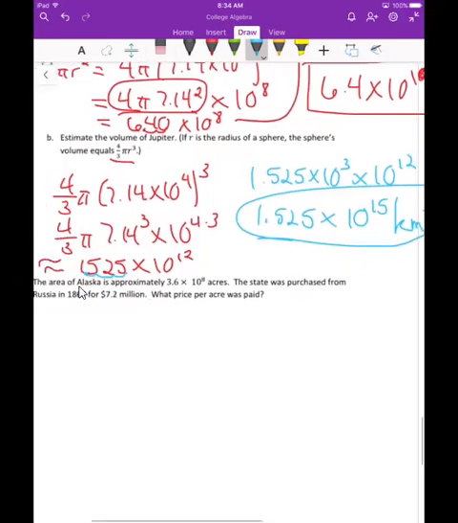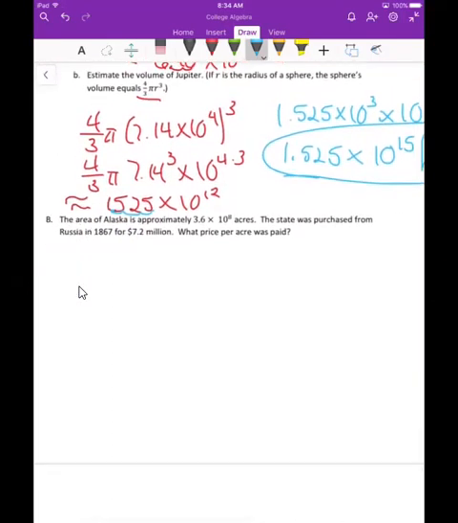Now this next one works out really well. This is one of my favorite problems. Okay, so you see these really big numbers from the beginning. The area of Alaska is approximately 3.6 times 10 to the 8th acres. The state was purchased from Russia in 1867 for $7.2 million. And we want to find the price per acre, and I want you to do this without a calculator, only using those exponential rules.